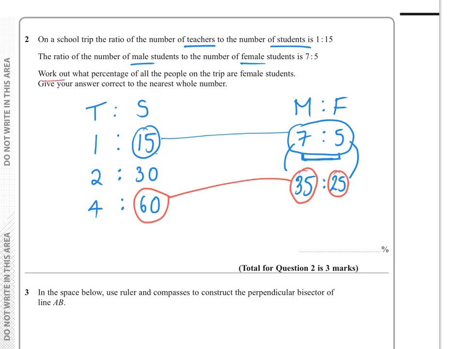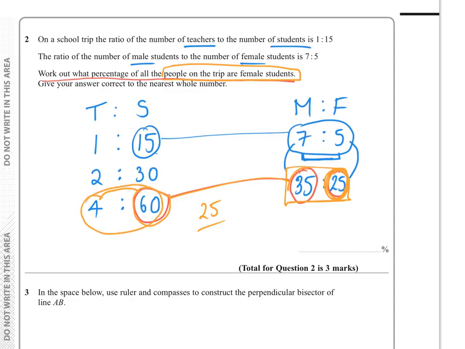So if we want to work out what percentage of all the people on the trip are female students, now notice it says what percentage of all the people on the trip are female students. So all of the people. So we know that there are 60 students here because these correspond, but we want to take 25, the females, out of the total number of people on the trip, which would be 64. Okay, not 60.